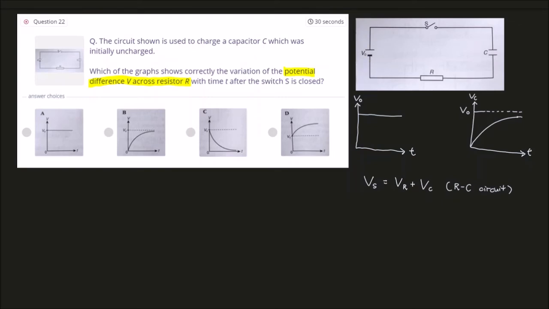With that said, I think it's quite obvious what we should do after that. We know that this is our graph of voltage against time. You know that at all times the power supply is constant. Let's use yellow for the power supply.